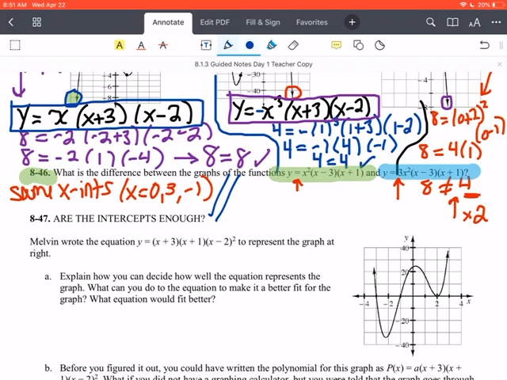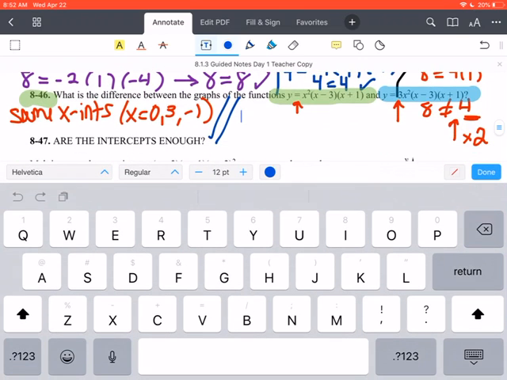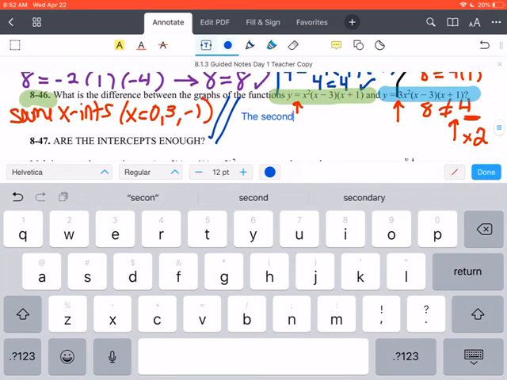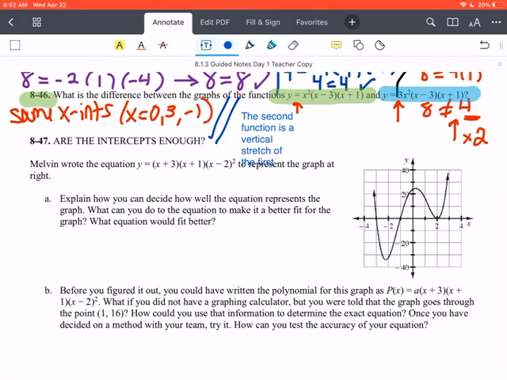So the second graph, and I'm going to type this, the second function is a vertical stretch of the first function.